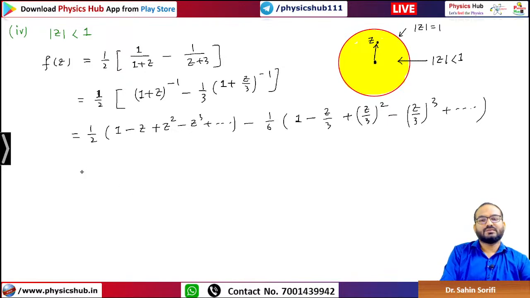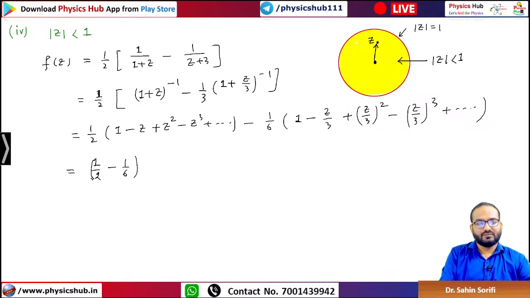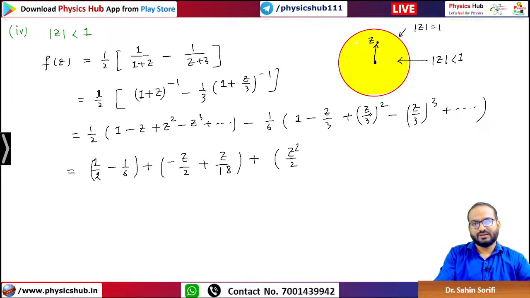Now you can simplify a little bit. Half will come from here, minus 1/6 will come from here, minus z by 2 will come from the first term, z by 18 from the second. Then z square terms: z square by 2 here, and here z square by 9 into 6, 54.